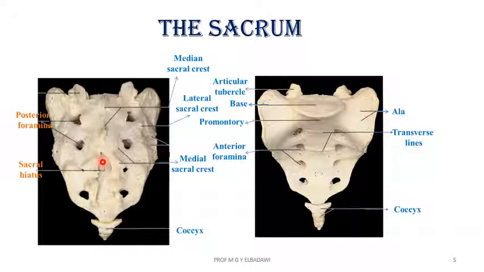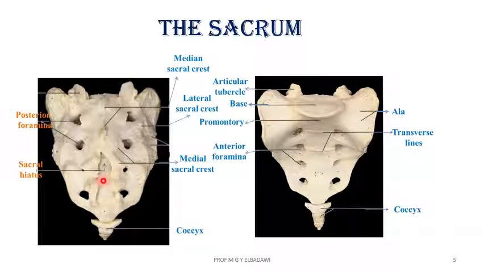Deep to it will be the subarachnoid space containing the cerebrospinal fluid and the blood vessels supplying the spinal nerves and spinal cord, with the roots of the upper lumbar nerves coming out from the cauda equina to exit from the anterior and the posterior sacral foramina.